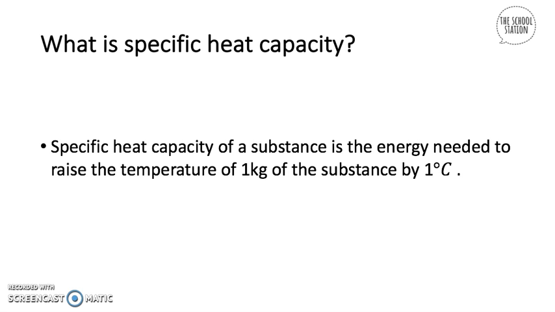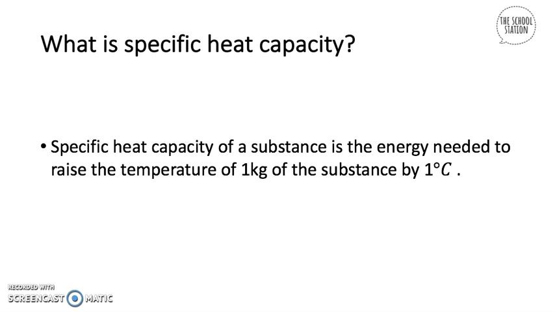If it's 21 degrees Celsius already, we want to see how much energy it needs to raise it to 22 degrees. So this is basically how you calculate the specific heat capacity of a substance. You take 1 kg and you see how much energy you need to raise the temperature of that substance by 1 degree Celsius.